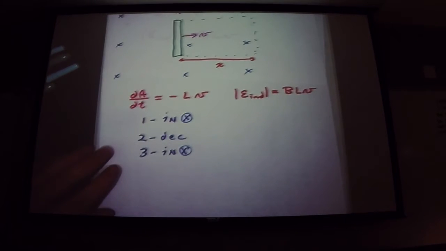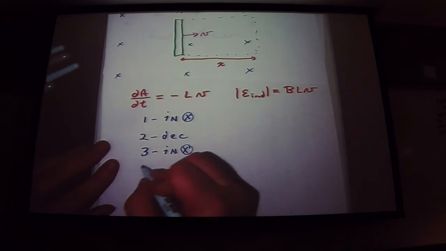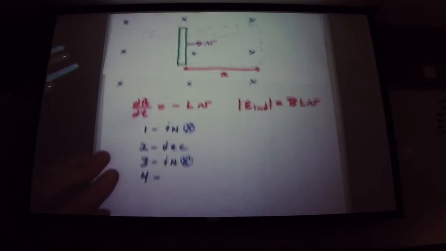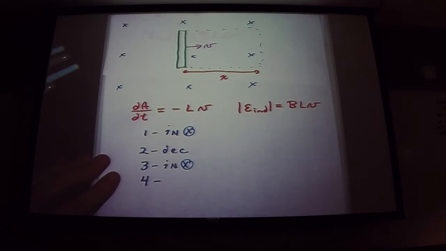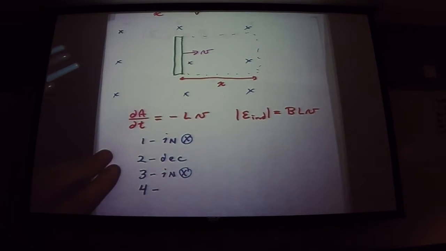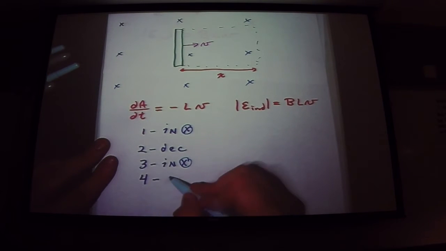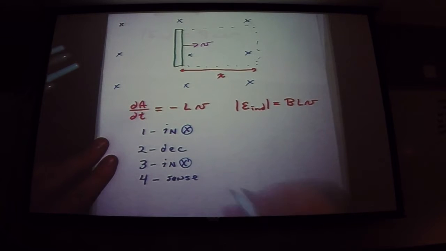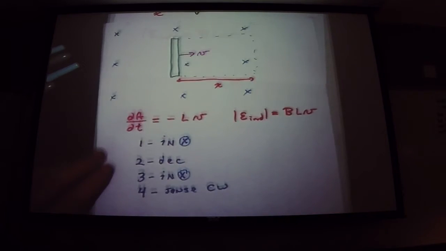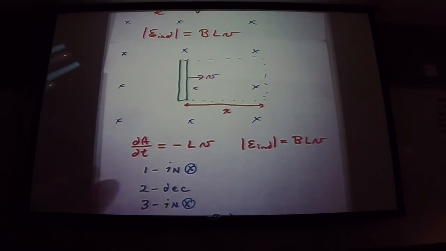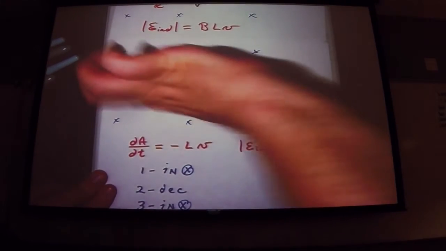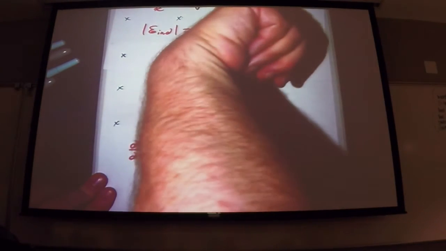And so finally, the sense of the current would be which way to make it go? Clockwise. So what we call the sense of the voltage, or the sense of the induced EMF, is clockwise. Which means that, take your thumb, put it in, so around this loop, induced current would flow clockwise.